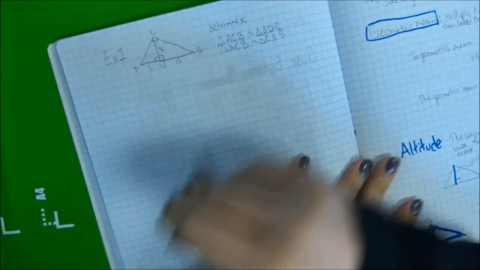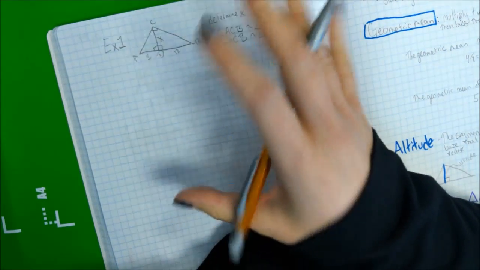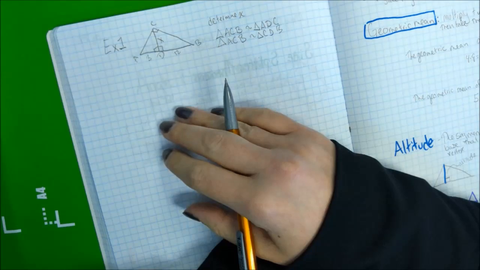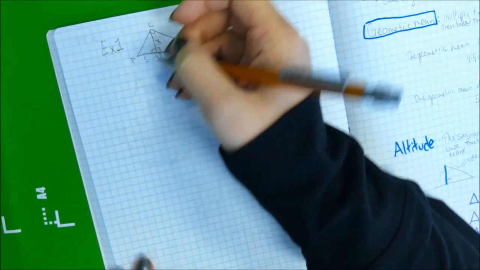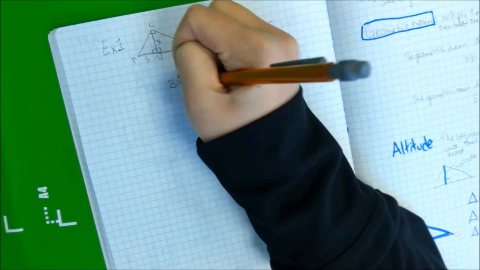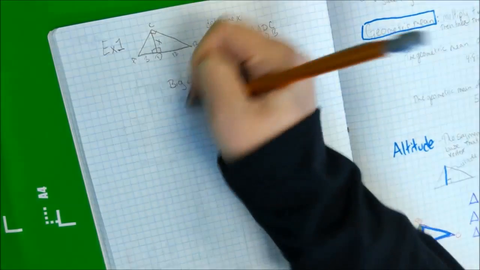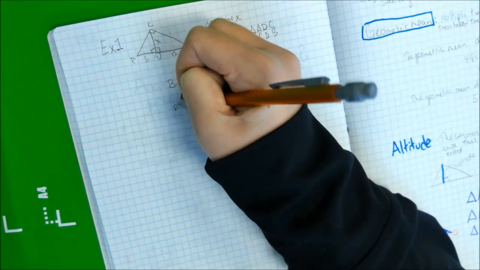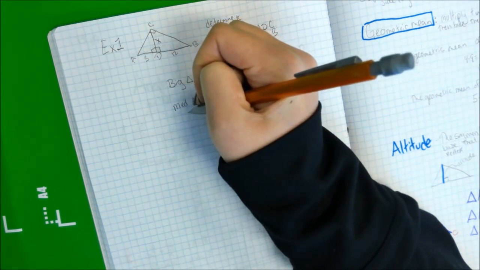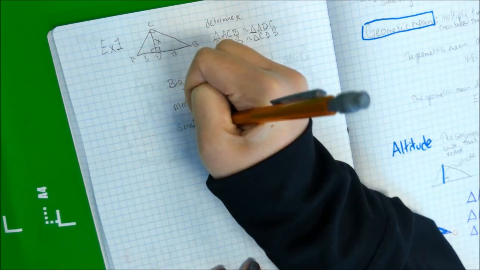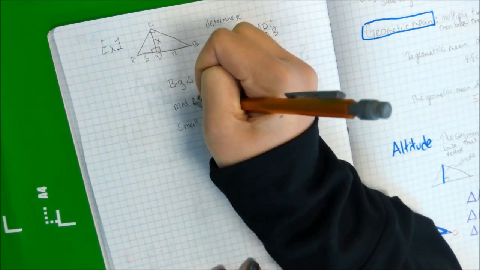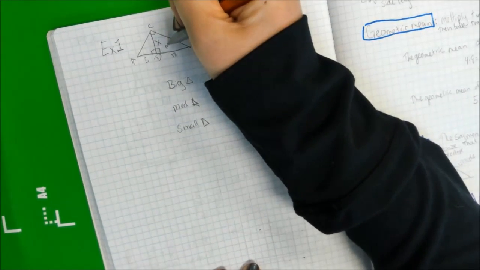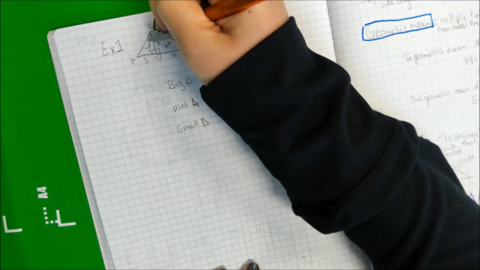Okay. So to help me see where my proportion is, I'm going to set up a chart. And in my chart, I'm going to have the big triangle, the medium triangle, and the small triangle. So this is my medium. This is my small.